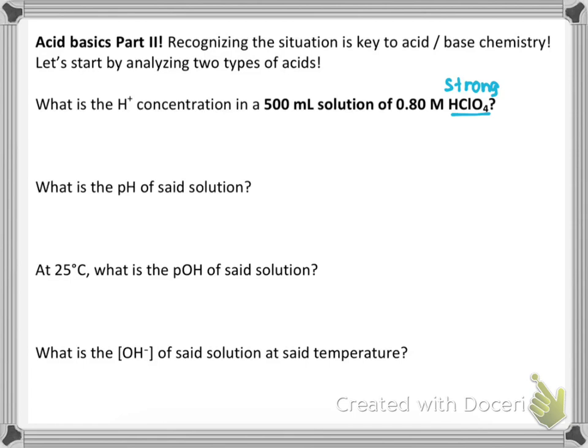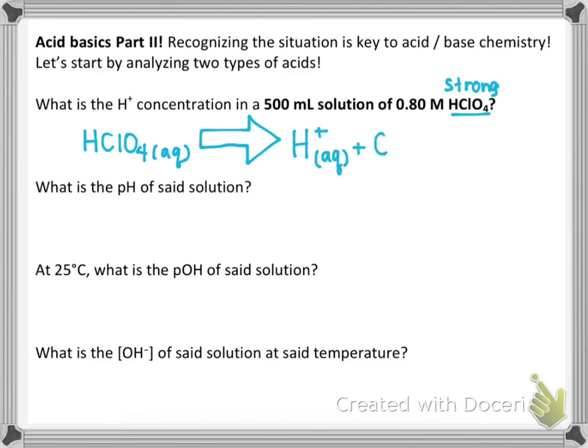So we can go ahead and write the dissociation of HClO4. And because we know this is a strong acid, we know that it's going to completely dissociate and break apart 100% into protons and perchlorate ions.